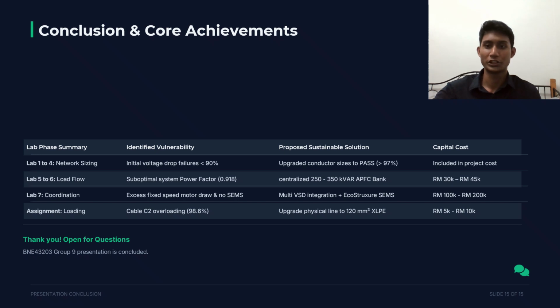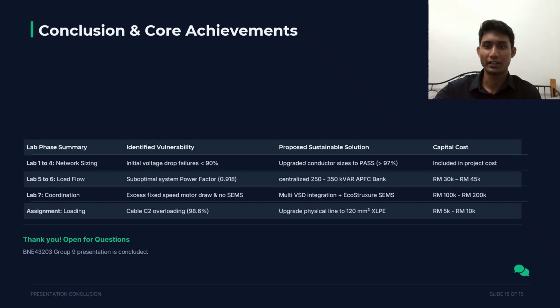In conclusion, this project successfully demonstrated the complete industrial power system design process using ETAP. From Lab 1 to Lab 4, we performed load estimation, transformer sizing, cable sizing, and network modeling.